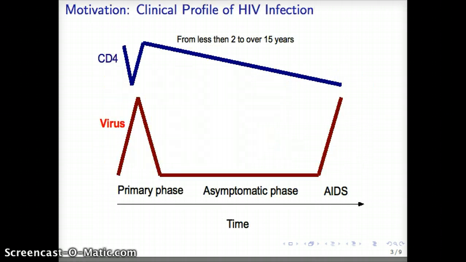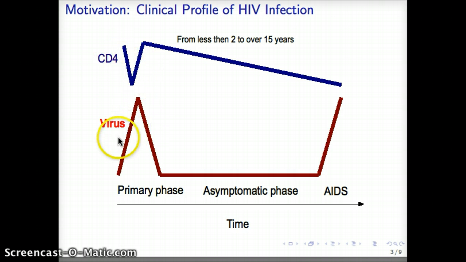So this was one of the last graphics we discussed when we were talking about the clinical profile of HIV. There were important quantities that we referred to. One of them is these cells called the CD4 cells.